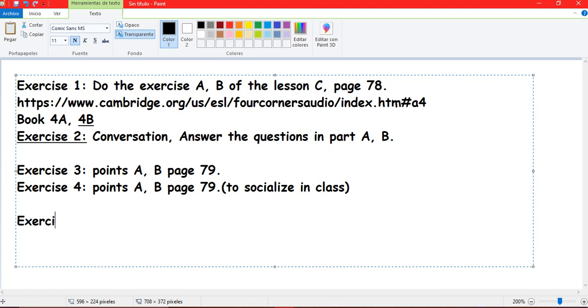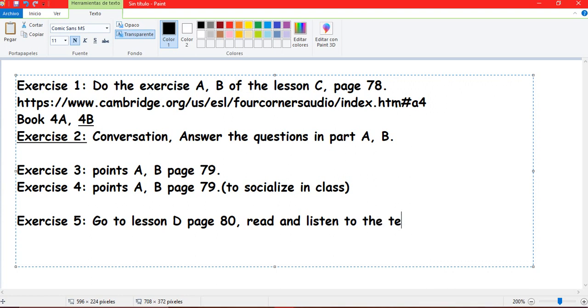So exercise 5 is: go to lesson D, page 80. Read and listen to the text and do the points A, B, and C of the page.